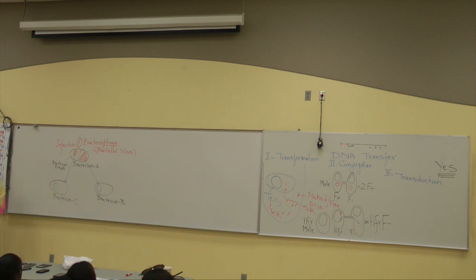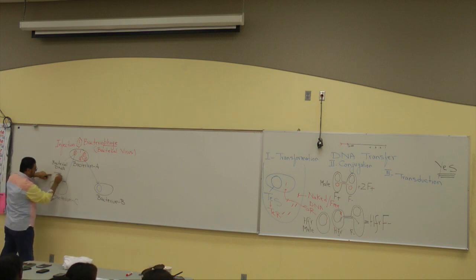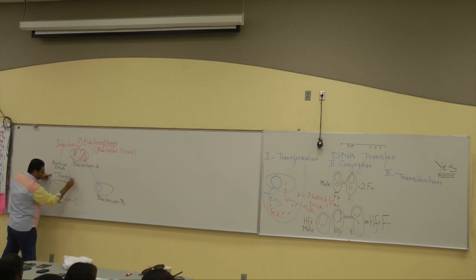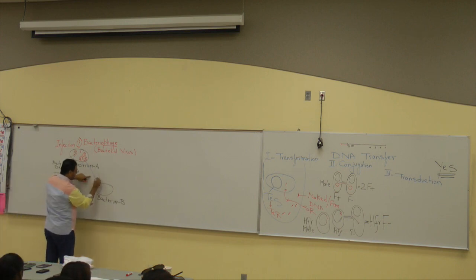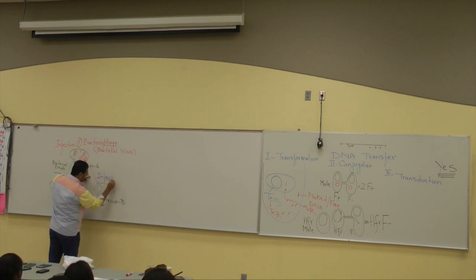Which one is infection? C is transduction, because this is bacterial DNA. This is infection. This is viral DNA.